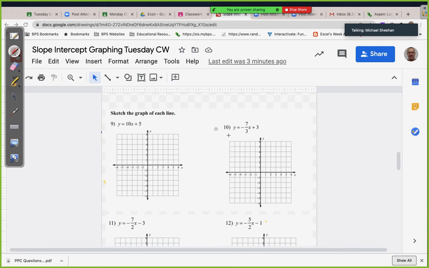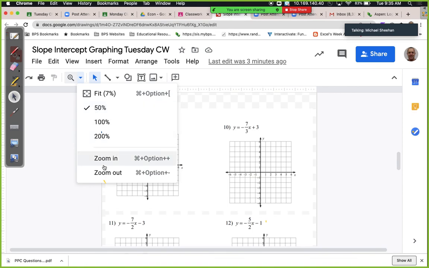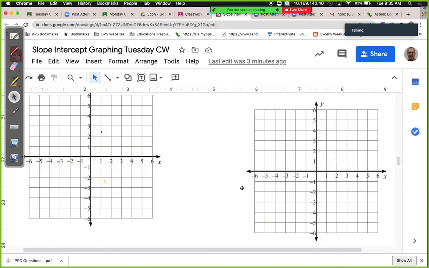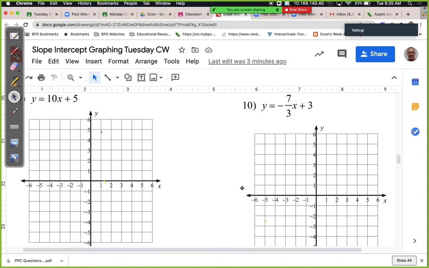My y-intercept is 3. So I want to put a dot at 3 on the y-axis. That's what I want.